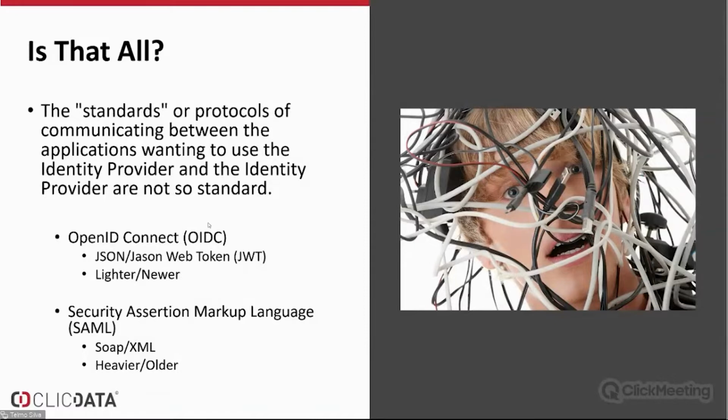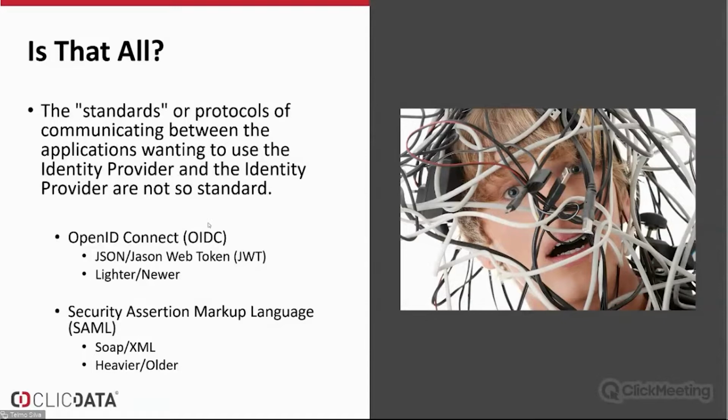So we have a couple things here: the standards or protocols of communication. For ClicData to say, hey, identity provider, here's this user, can you give me authentication for this user? And then for the identity provider to provide information back to us, there's a communication that takes place. And there's a standard or a protocol of communication so that we understand each other.